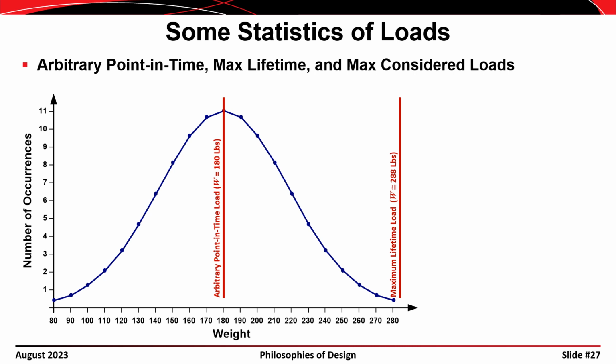So remember, the heaviest student in the room, I think, weighed somewhere around 300 and some pounds. So the maximum considered load would be 460 pounds. So that gives you an indication of what these three load levels are like. So you have the arbitrary point in time load, the maximum lifetime load, and the maximum considered load.